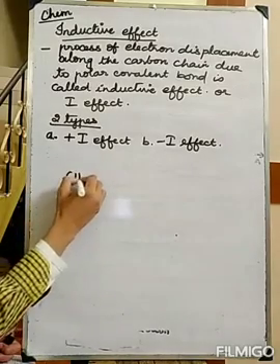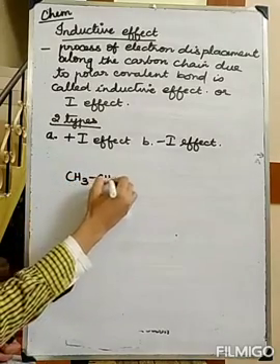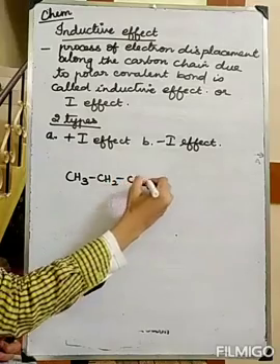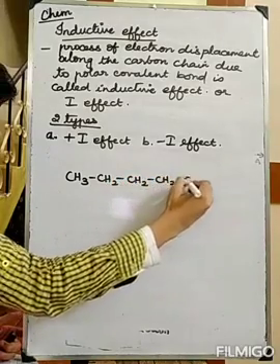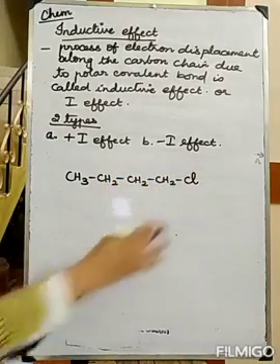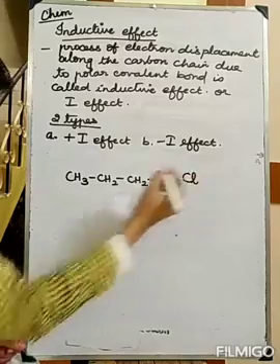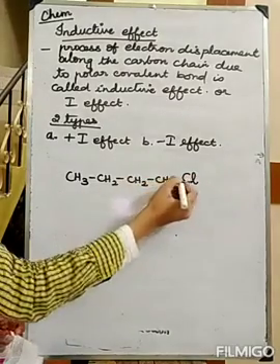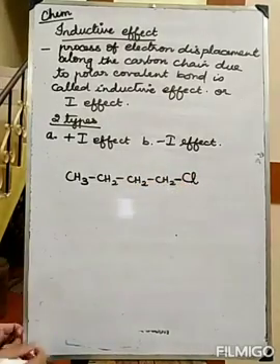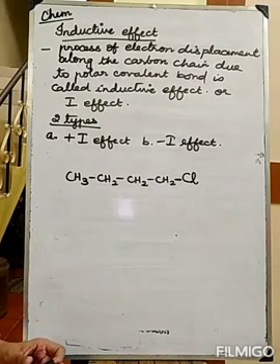Suppose you have a carbon compound like this, CH3, CH2, CH2, CH2, Cl. This Cl is electronegative.